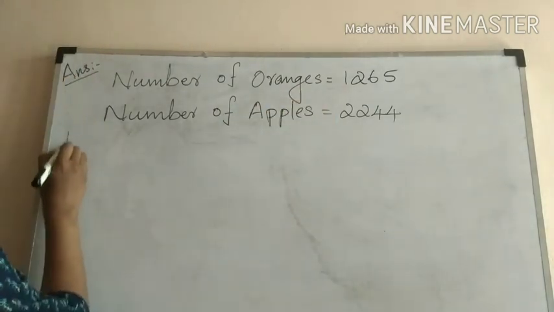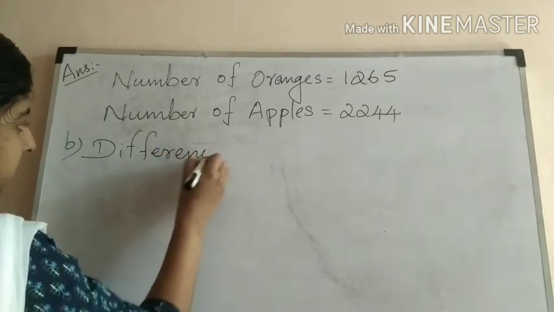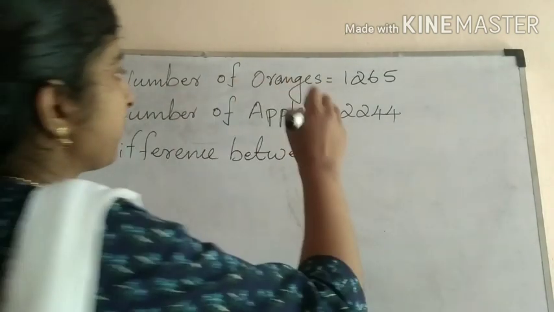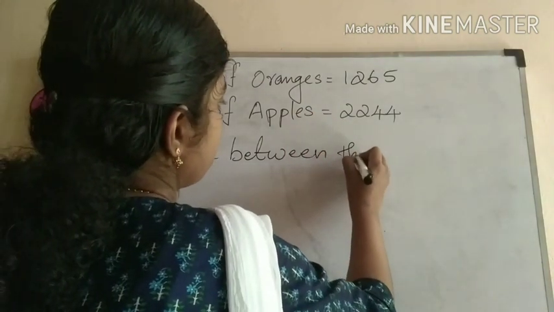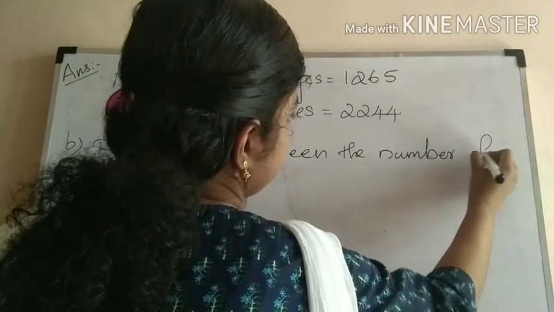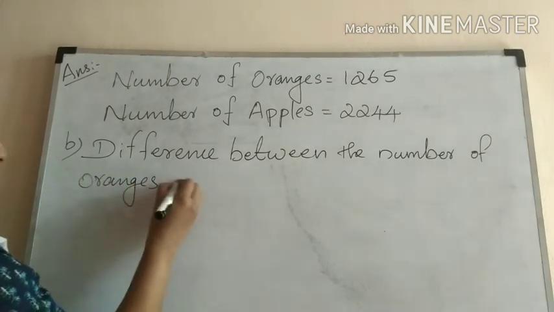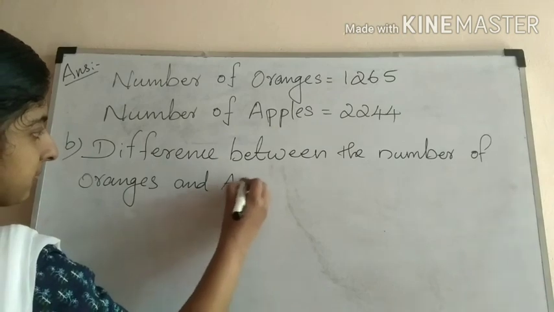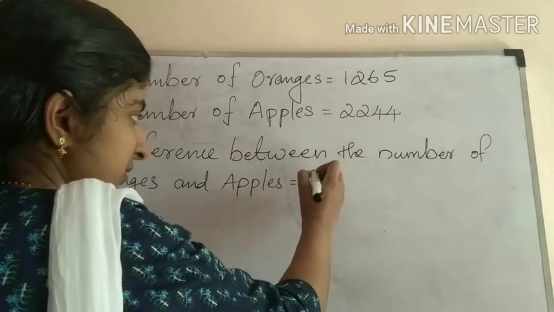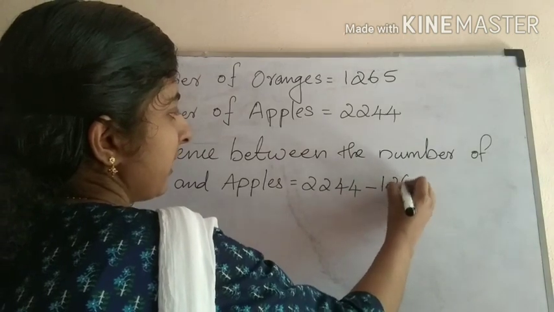See, question number B: difference between the number of oranges and apples is equal to this bigger number minus smaller number. 2244 minus 1265.